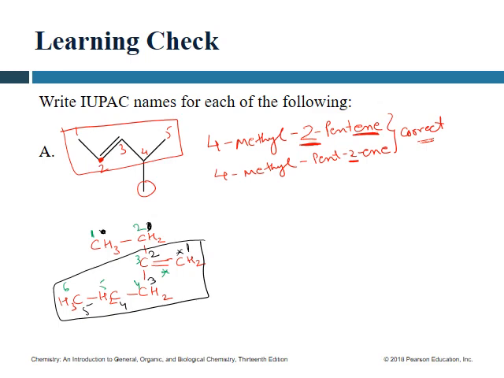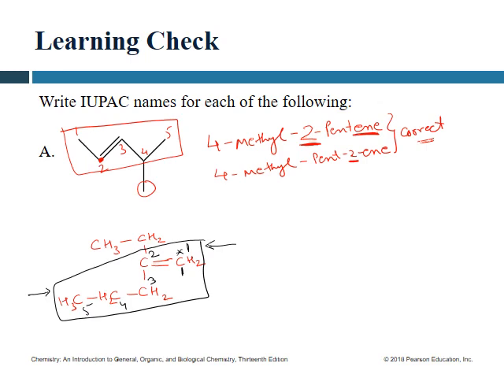So this is your parent chain. Now we have to know which end to start counting, either from left to right or right to left. We have to start from right to left. Why? Because if I go from right to left, the lowest number carbon will get the preference, which has the double bond.